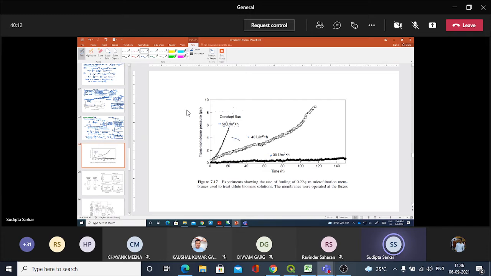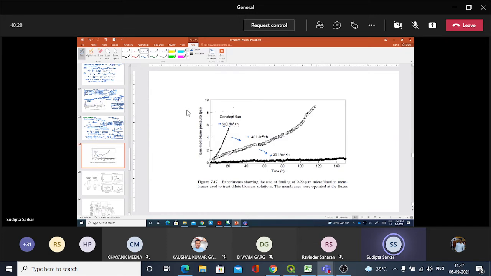As we decrease the flux to the membrane, the transmembrane pressure does not rise that significantly. Now, what does it tell us?